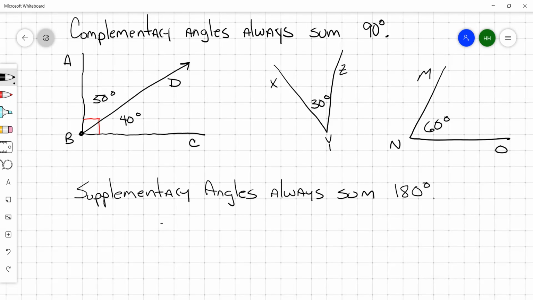And again, you can have two different examples of that. You could have a linear pair of angles. Talked about a linear pair a minute ago. If this angle over here on the left is 120 degrees, and these two angles form a line, then they are supplementary, and the angle on the right would measure 60 degrees.